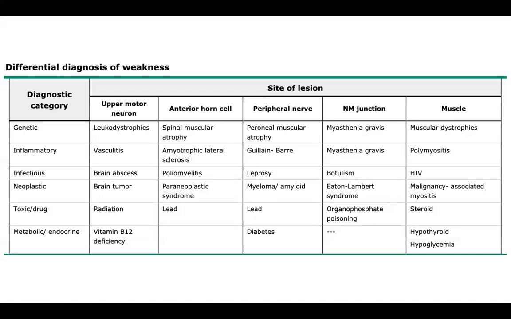And it either goes towards the more peripheral area of the neuromuscular junction, muscle, or peripheral nerve, maybe anterior horn cell, upper motor neuron. And just for completeness and to be thorough, how would you evaluate if you were worried about upper motor neuron, anterior horn cell? What's the next step in studies that we haven't gotten so far? CT, it's imaging. Most often it's going to be a CT head.